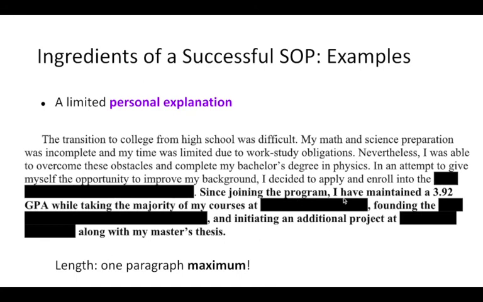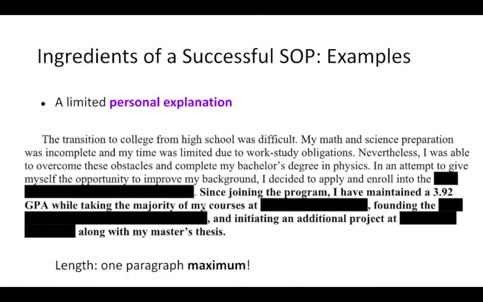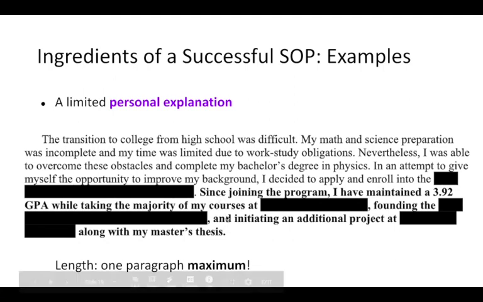Since joining the program, I've maintained a 3.92 GPA while taking the majority of my courses at blank, founding the blank, and initiating an additional project at blank along with my master's thesis." So we get a waterfall of really cool accomplishments. What's bolded was not the problem, the hardship, the setbacks. What's bolded is the follow through, the desire to improve, and the fulfilled effort to improve.